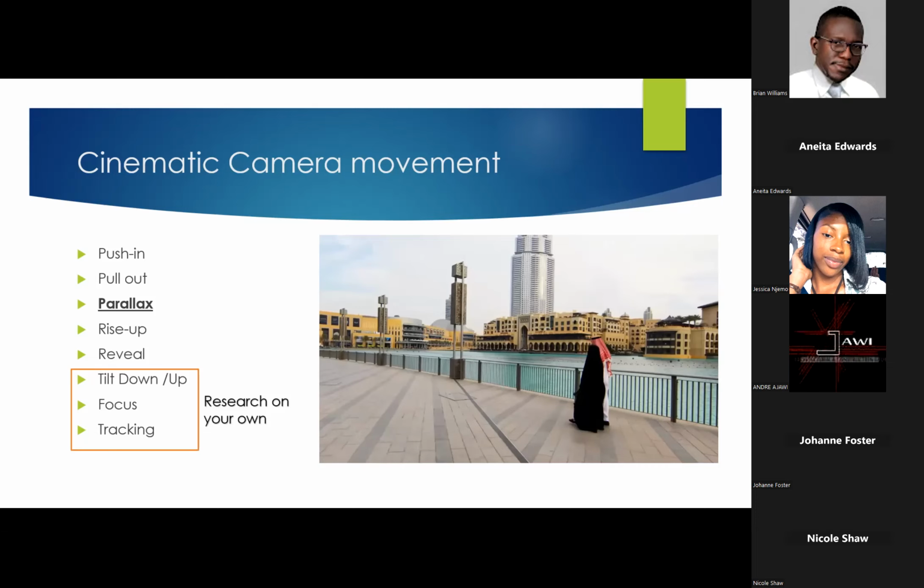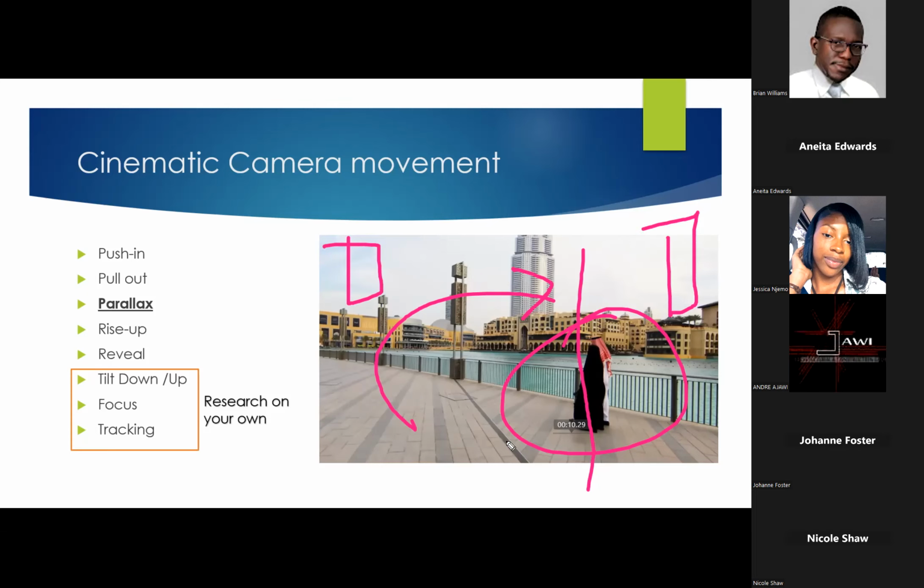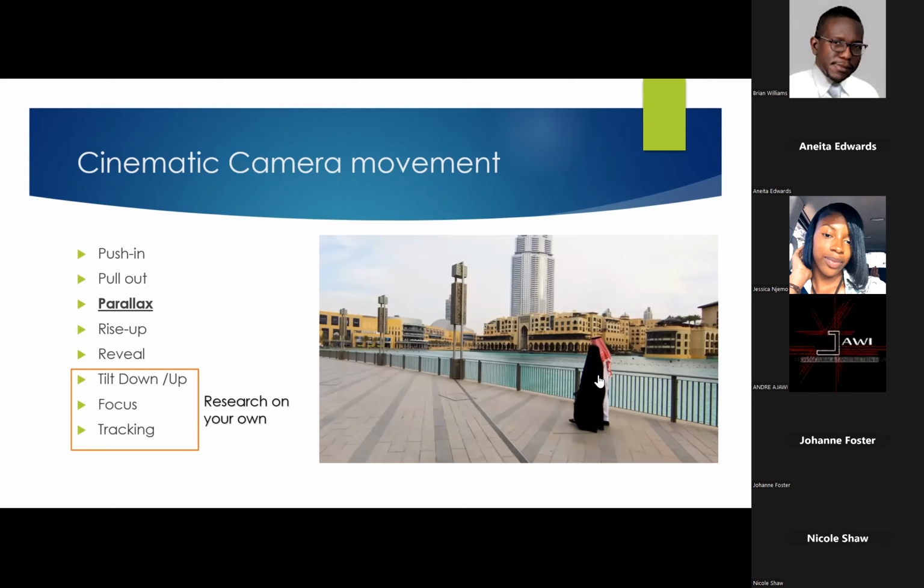The best way to show those vistas is going to be using the parallax, because the parallax keeps the foreground stationary and moves everything in the background. So if you wanted to show that there's a building over here and also a building over here, then a full 180 or 360 parallax will communicate all of that while still keeping your subject as the main element in your frame, right?